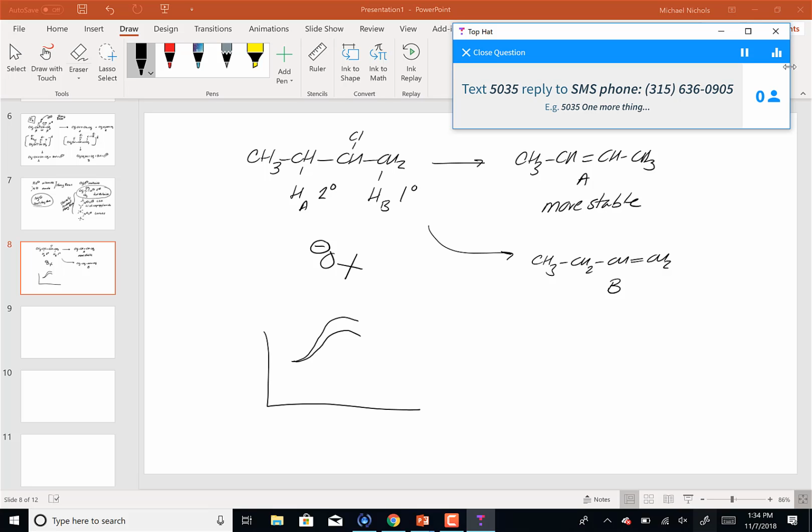The question is, when you remove either HA or HB with tertiary butoxide, which transition state has the lowest energy? When the O partially bonds with HB, or when it partially bonds with HA? That's the question.